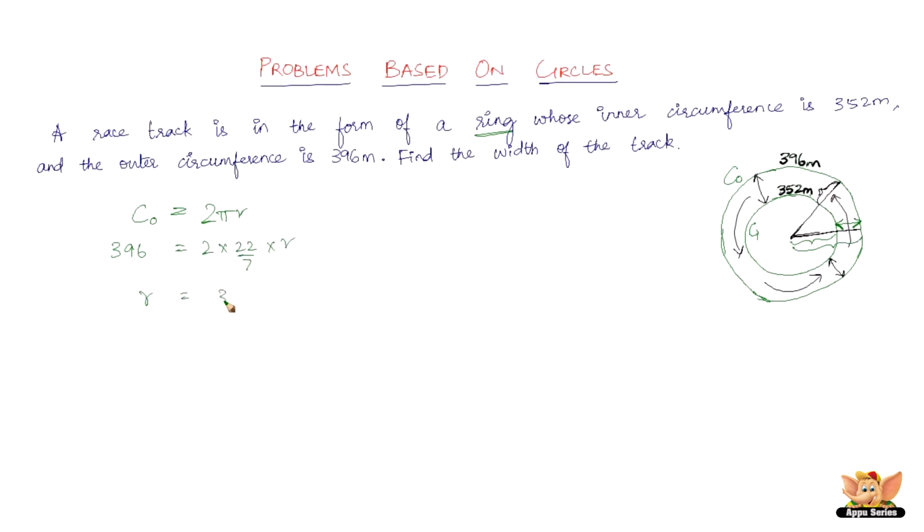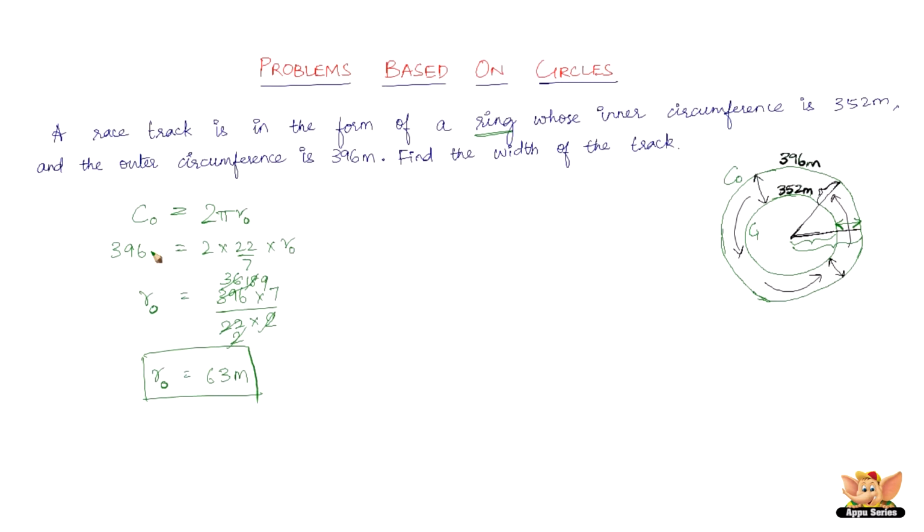So r is nothing but 396 times 7 over 2 times 22. 11 2 times is 22 and 11 3 times is 33, remainder is 6, so 11 6 times is 66. So 2 times 18, and 2 times 9 gives you 18. So 9 times 7 gives you 63. So the radius of the bigger circle is 63 meters. So that is done. The radius of the outer circle, rather. Yeah, this is very important.